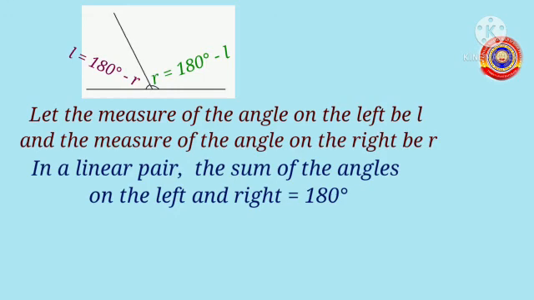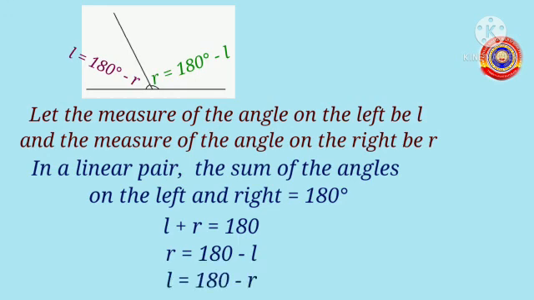Then we shall write the relation as L plus R is equal to 180. Then R is equal to 180 minus L. L is equal to 180 minus R. Is it clear for you?